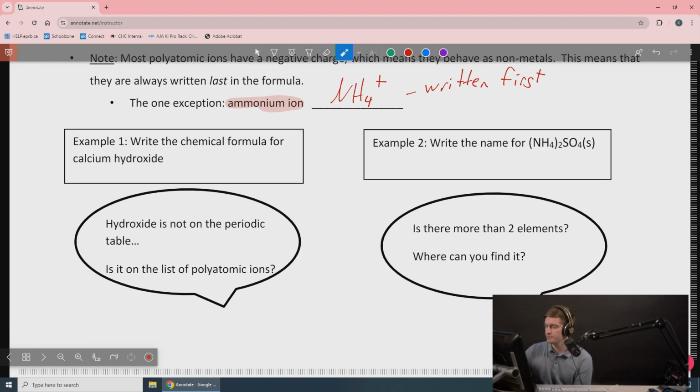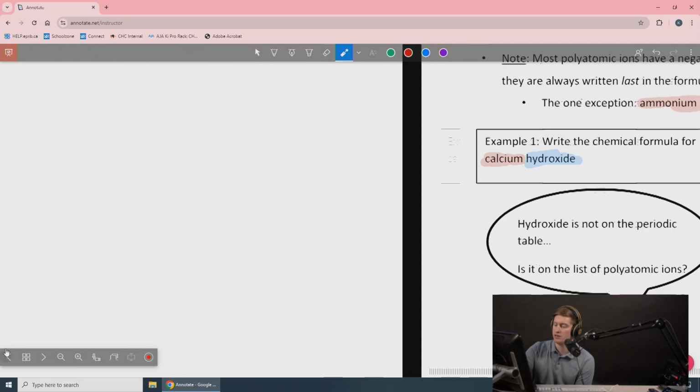All right. We'll write a chemical formula and we'll also write a name. Write the chemical formula for calcium hydroxide. Well, we know that ionic compounds are named with the cation first, then our anion. You won't find hydroxide on the periodic table, so you have to search for it in the table of polyatomic ions.